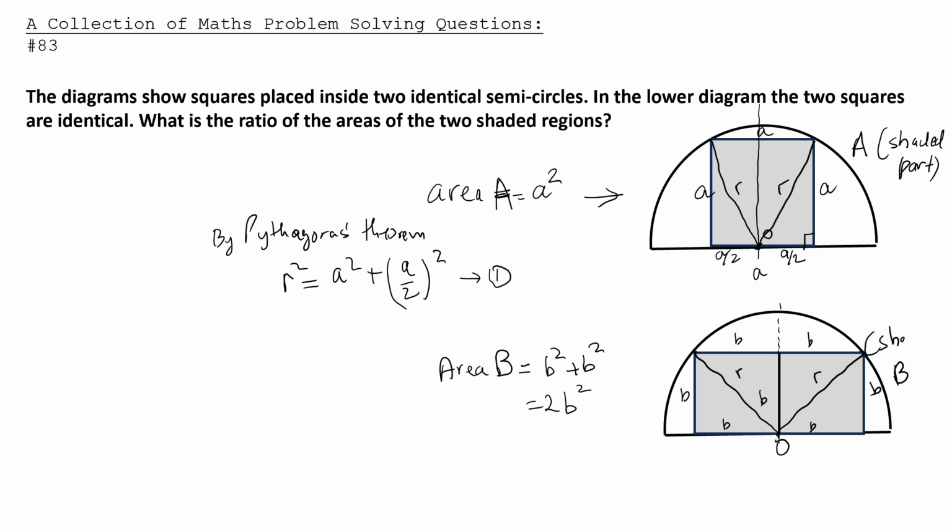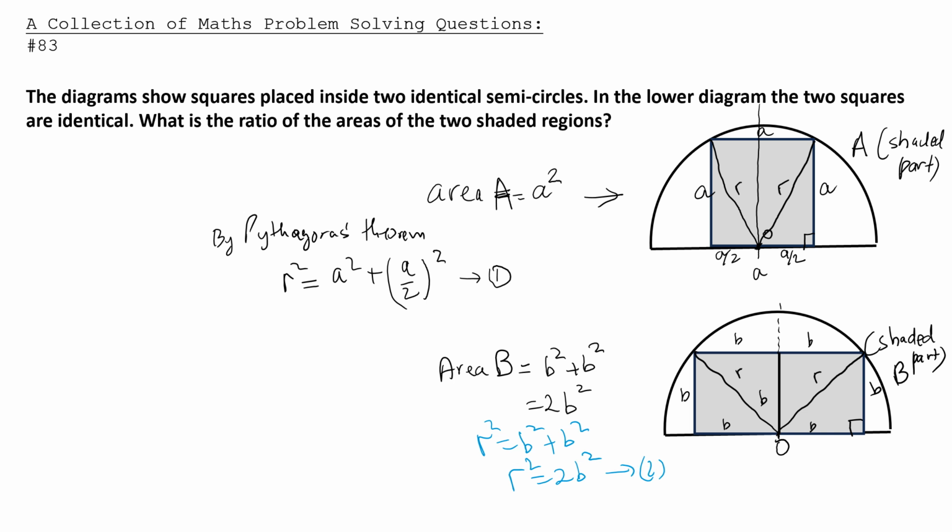Here is also the shaded part B. So A is the shaded part A and B. So the shaded part B is twice of B square. Now if we try to link R and B, we see that R square equals B square plus B square. So we get R square is twice of B square, and that would be 2.